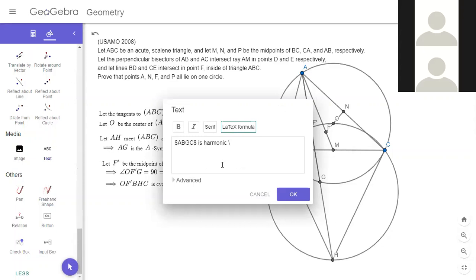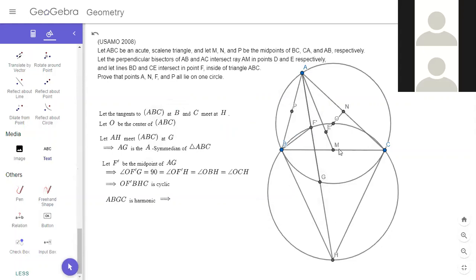So that means that we also have angle BCG is equal to angle ACF prime. I'm sorry, BCG is ACF prime.